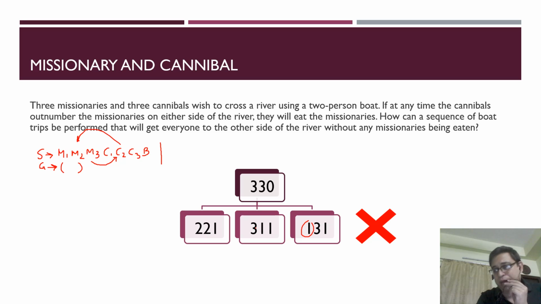Here you have sent 2 cannibals to the other side, so all missionaries are here. And the next is that 1 missionary is there and 3 cannibals are here, that means 2 missionaries you have sent on the right side, and naturally here the cannibals have outnumbered the missionaries, so they will eat them up.